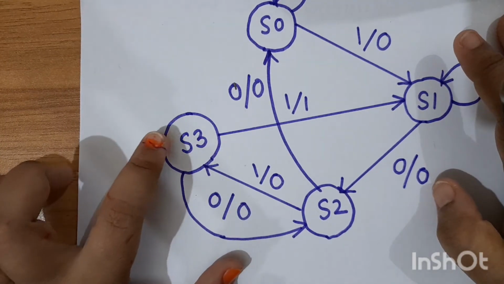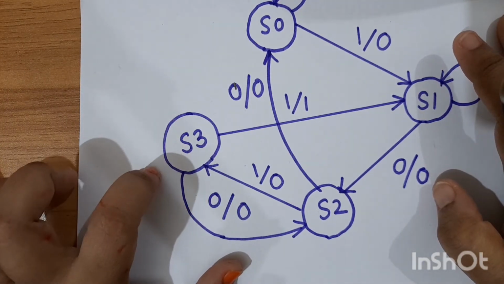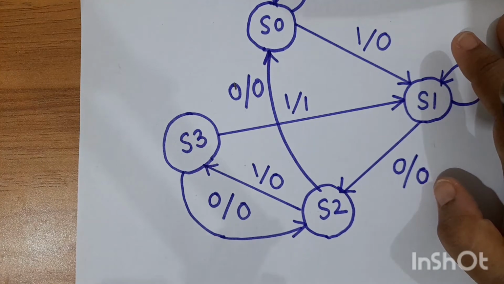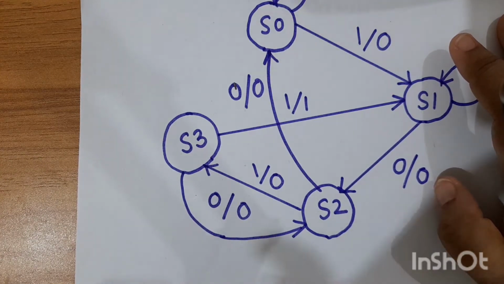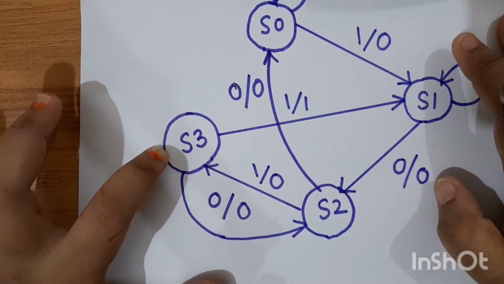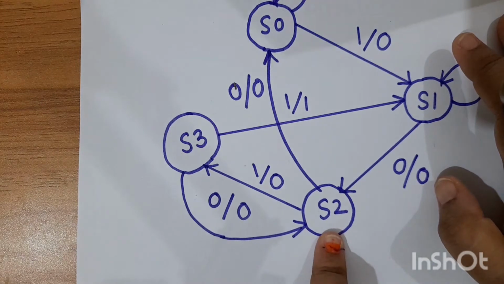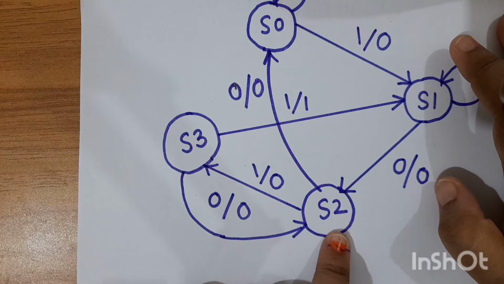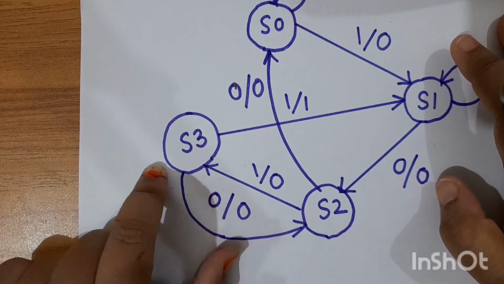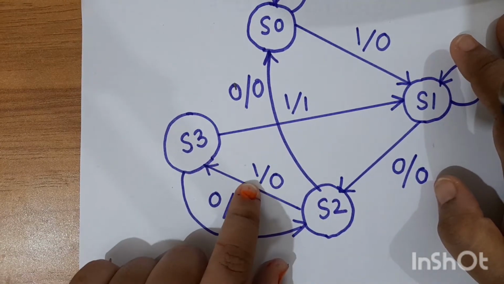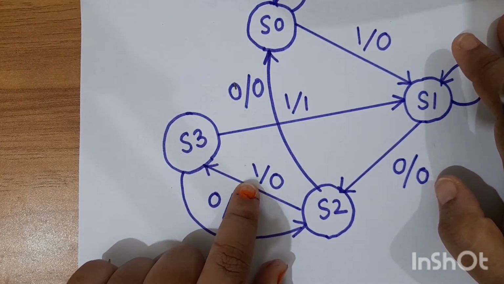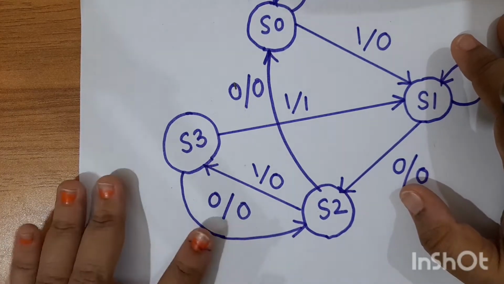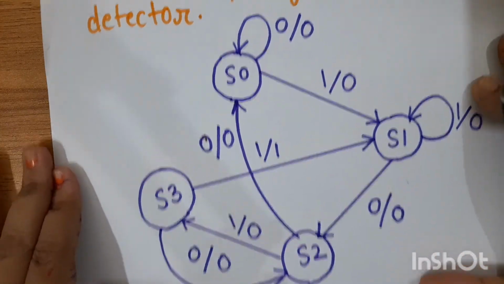So from S3 stage 1010, the pattern of 1011 has broken, but the last 2 bits 10 can become the beginning of a second pattern which can be detected. So from S3 the transition happened to S2. So input is 0, output is 0, S2. Again in S2 state, I am waiting for a 1. Okay. So this is how the state diagram is.